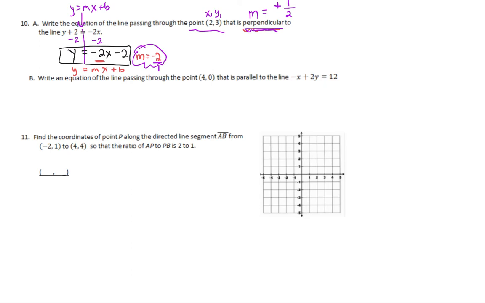So now I have everything I need to use point slope form. Again, point slope form will be given to you on the test and on your exam. All right, so there's our point slope form. And when we do point slope form, we're going to replace y1, m, and x1 with these things.